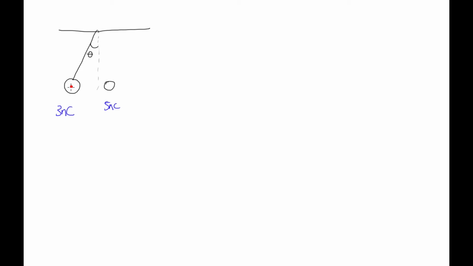Well, it's got mass, so it's got the weight force, which is pulling it downwards. It's also tied with this thread, so it's got a tension force, which is going up parallel to the string like that. And then these two like charges are going to cause a repulsive force between them, so a repulsive electric force. So we've got the Coulomb force, which is going this way.